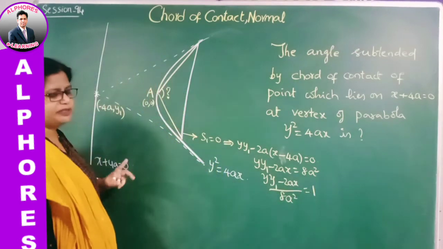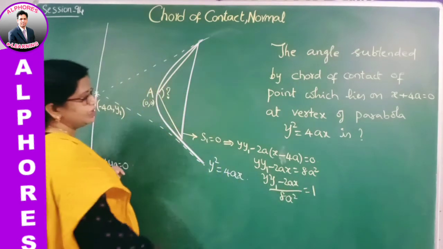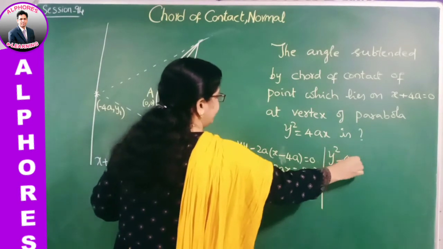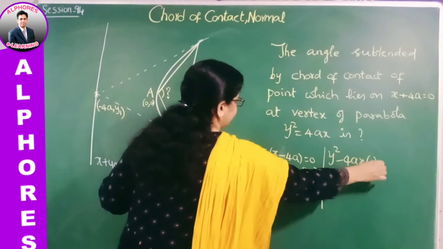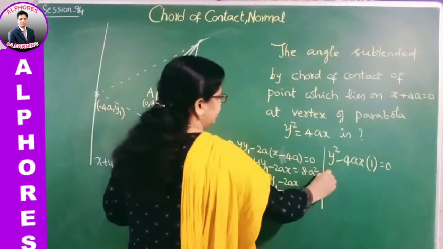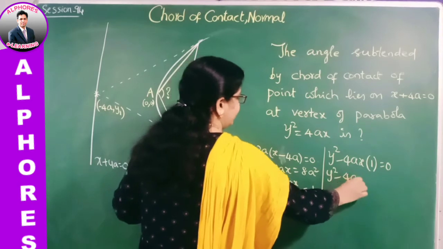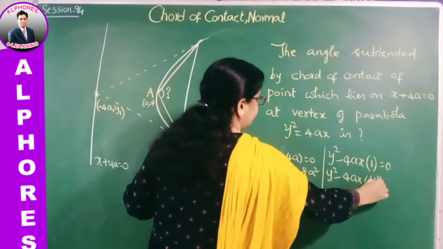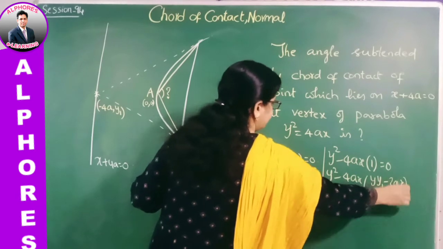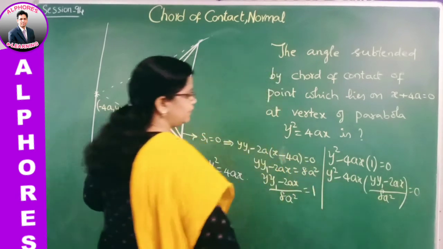Now we substitute this for the homogenization process. We write y square minus 4ax into 1 is 0. Now we substitute this value 1 here, that is y square minus 4ax into y1 minus 2ax divided by 8a square is 0. Now what about here?